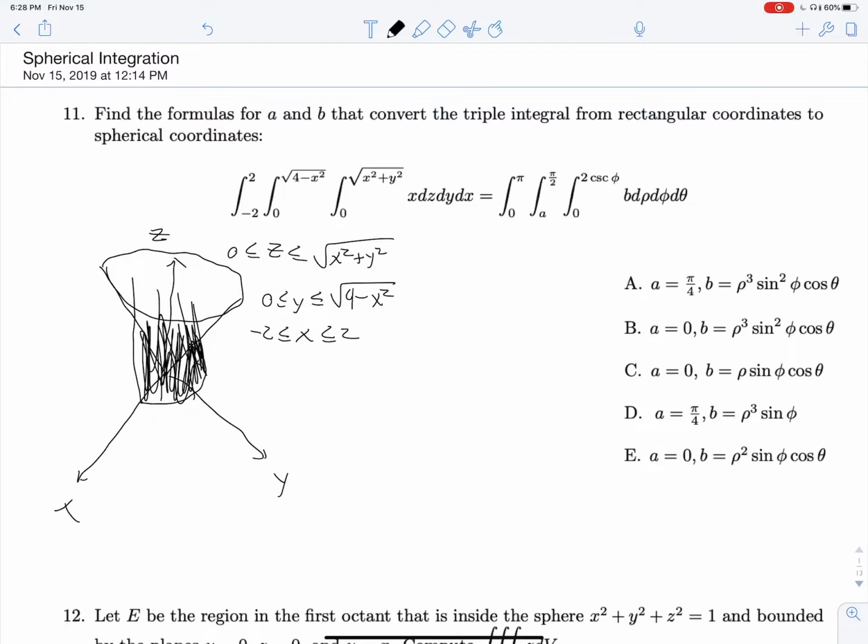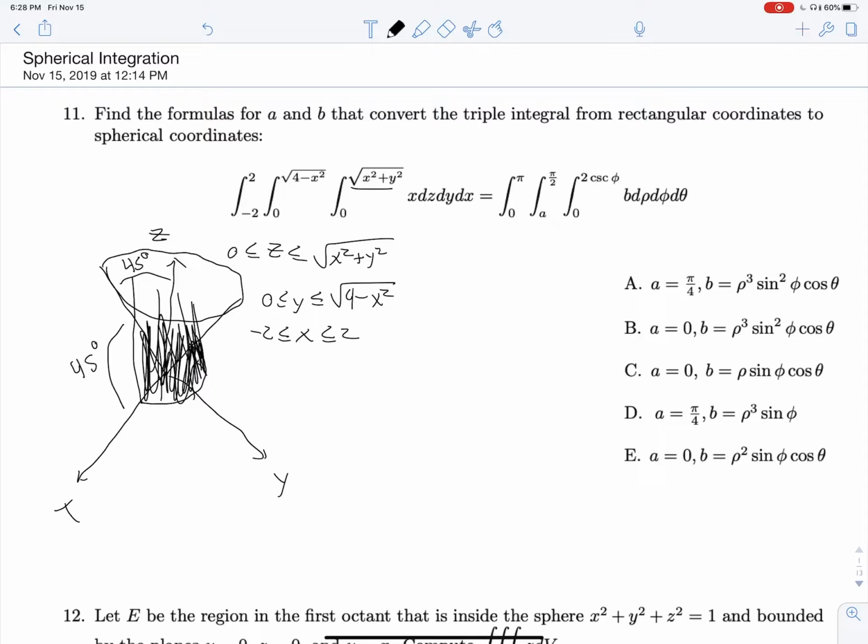Converting to spherical, the angle formed between this cone, because it's just a basic cone, is 45 degrees between the cone and the z-axis, and the cone and the x or y axes.